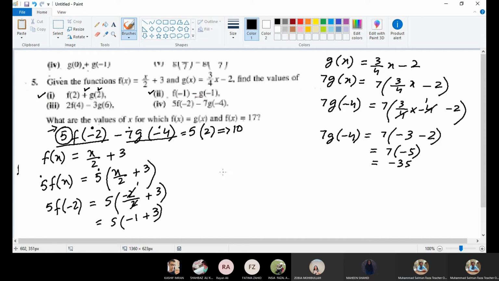So we had to find out the answer of 5f of minus 2 minus 7g of minus 4. So you can see that 5f of minus 2, we got this answer 10. So we are going to write 10 over here, minus sign as it is, and 7g of minus 4. You can see that 10 minus of minus 35 is the answer.